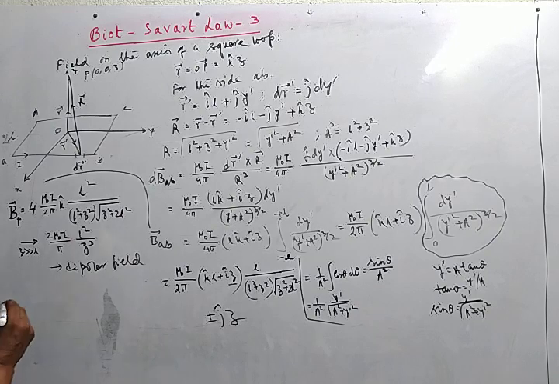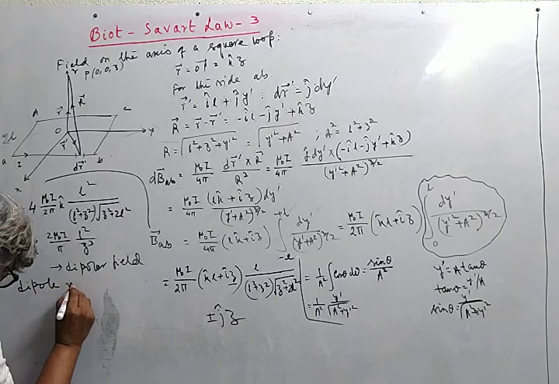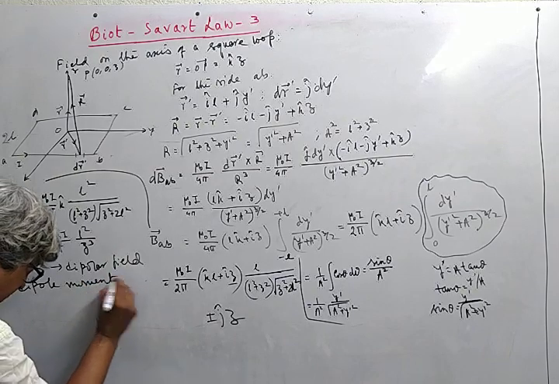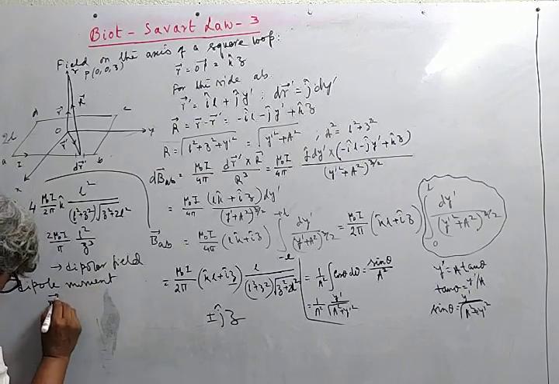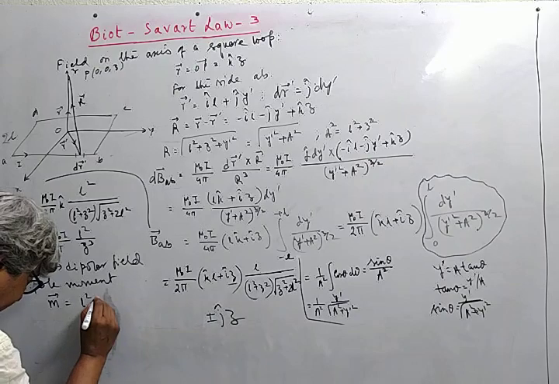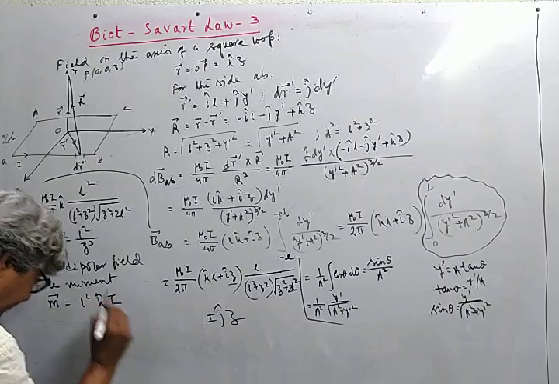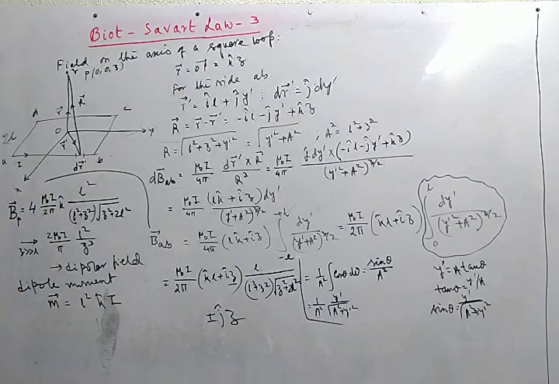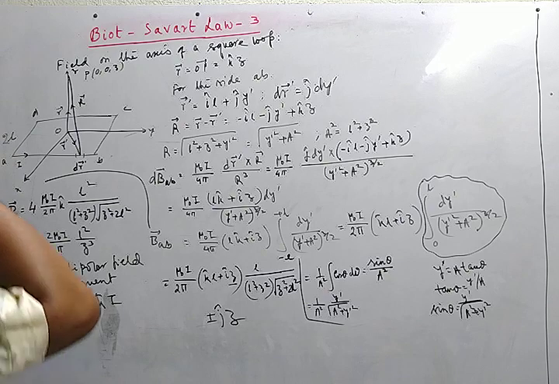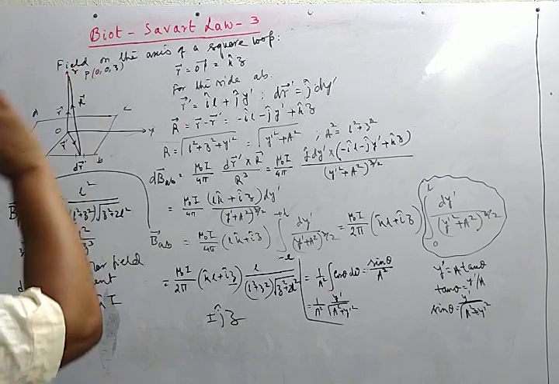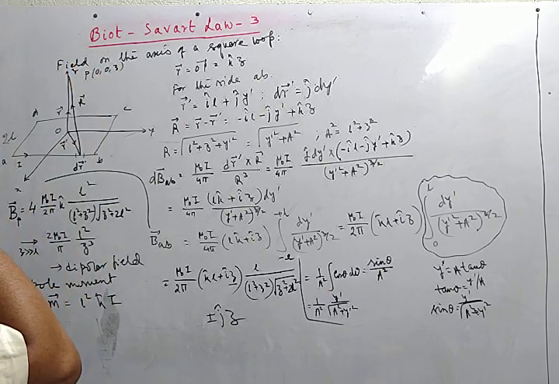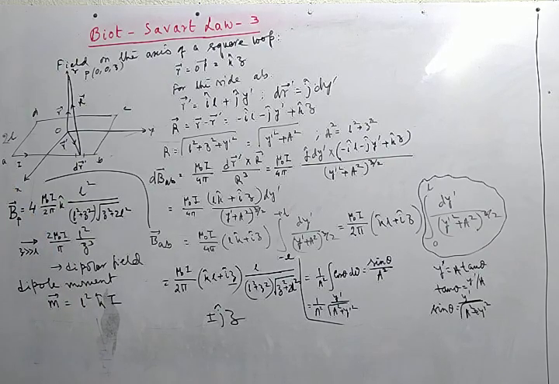That is, the dipole moment will be L square times k cap I. This is the dipole moment. We shall come to the dipole moment in a later class. So this is the field which is produced at an axial point.